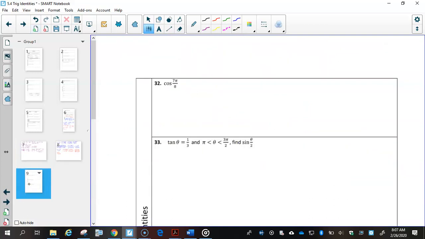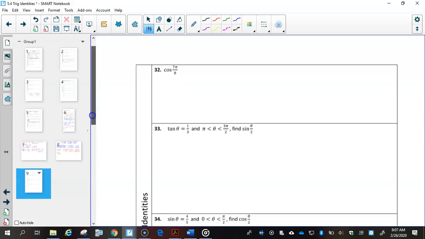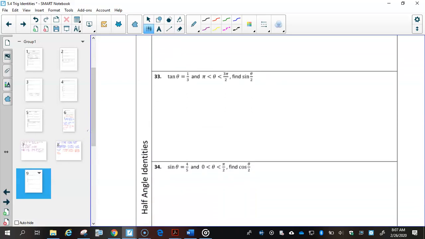Okay. I'm going to let you guys practice here in a second. I do want to talk about the last type of half angle. It's very similar to what we were just doing, but it's also different. So we're going to do 33. With this, a light bulb should go off telling you this is half angle because of this theta over 2.